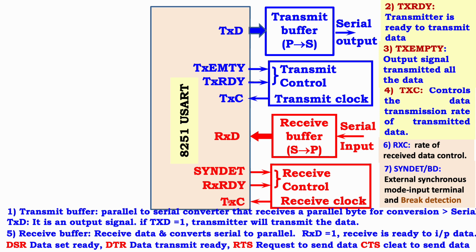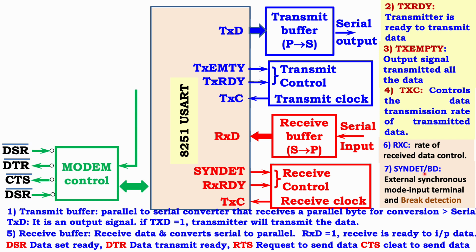In the same way, the receive clock controls the received data through the RxC signal. Now what is SYNDET or BD? This is an important feature in the receive control: when the external synchronous mode is required, synchronous detection between the peripheral and the processor is required. That can be done by synchronous detection. And if required, break detection is also done by this signal.